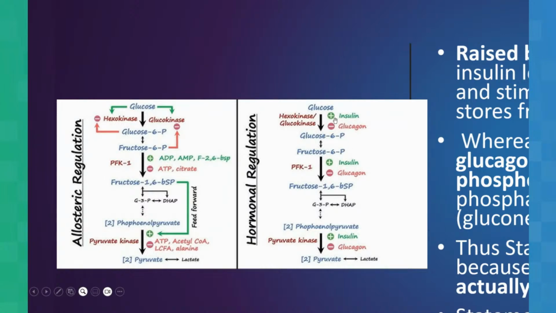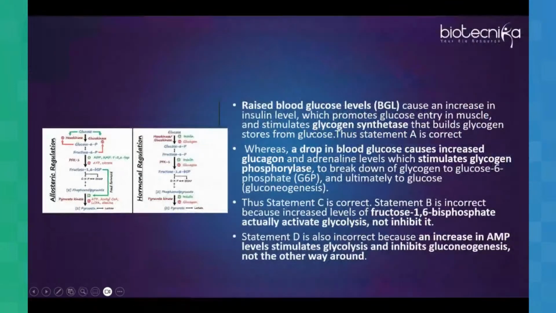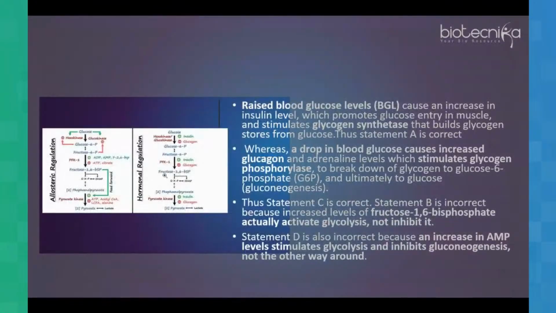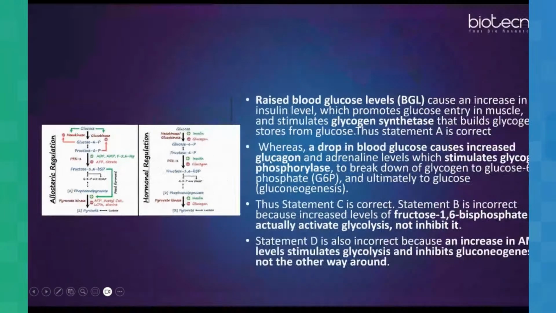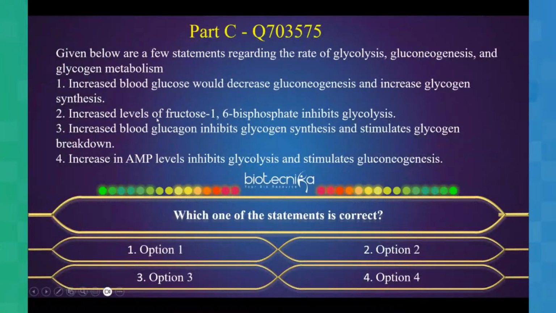Okay, and insulin on the other hand, if glucose is more, insulin is more, in that case you want your glucose to be utilized. So that's why you would need glycolysis to take place. So insulin is activating all these regulatory enzymes. Okay, so the question is regarding increased blood glucose, decreased gluconeogenesis.